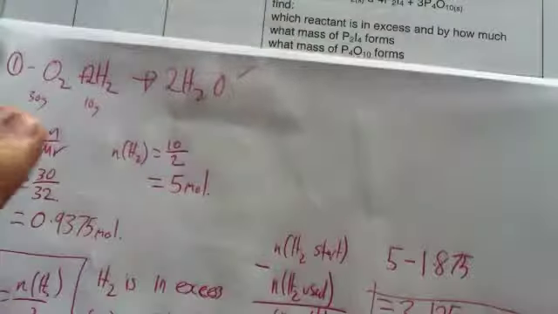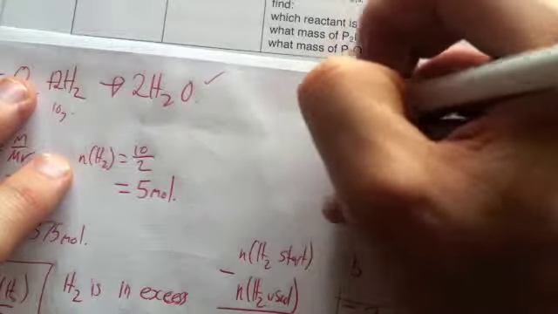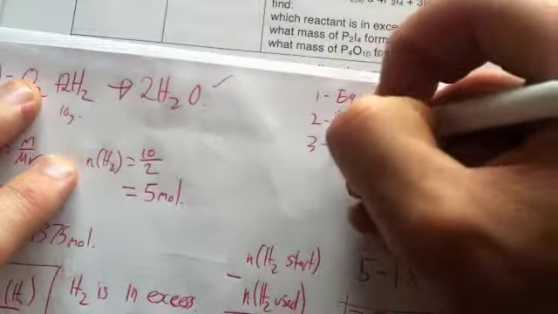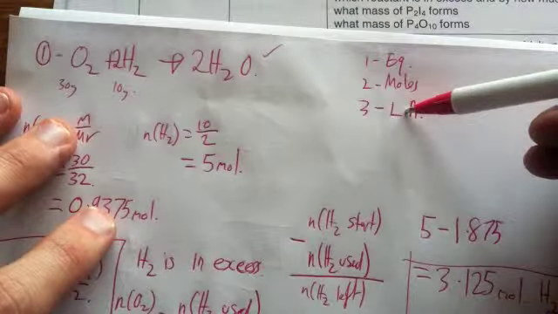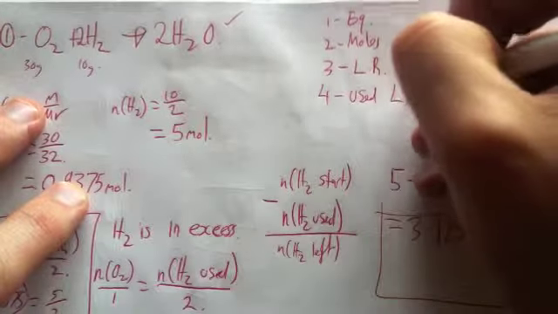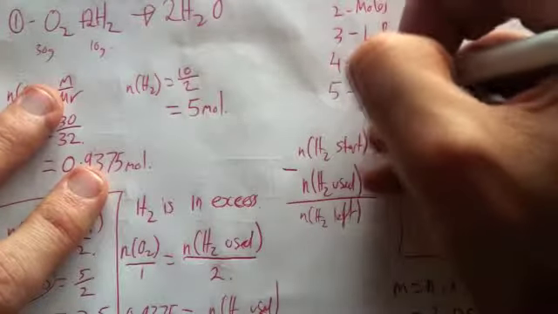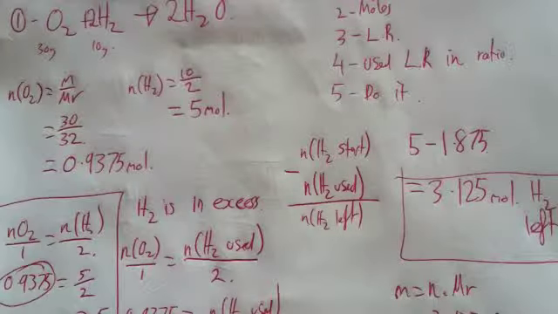Now, we followed a basic principle here. 1, equation. 2, moles. 3, limiting reagent, because we were given 2 reactants. 4, we used the limiting reagent in a ratio. 5, we did what the question asked and worked out how much was left over.